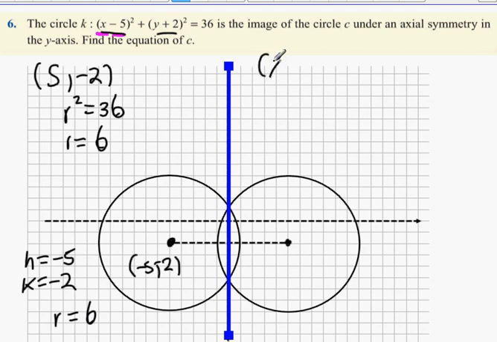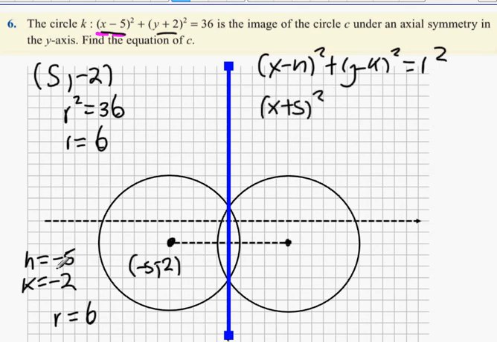So it's going to be x minus h squared plus y minus k squared equals r squared. So what's h again? Minus 5, which is going to be plus 5. You just change it, don't you? And if k is minus 2, it ends up as plus 2 in the brackets, and the radius squared is 36. 6 squared.